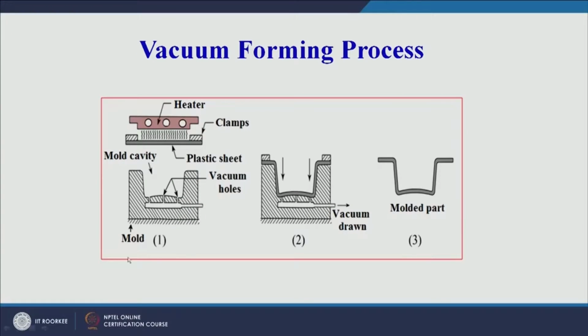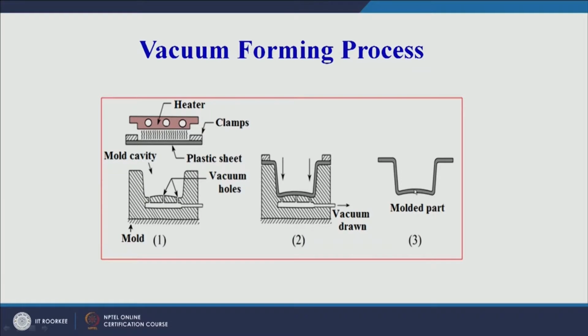Now on your screen you can see in part 2 or step 2 of the process, the sheet is conforming to the shape of the mold after the vacuum has been applied, and this is the final molded part that we can produce using the vacuum forming process.